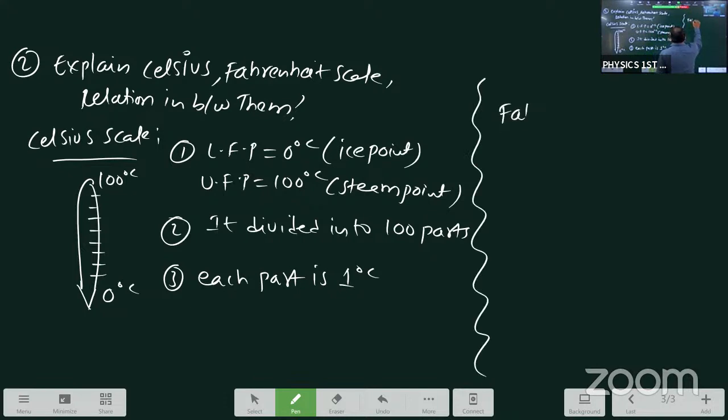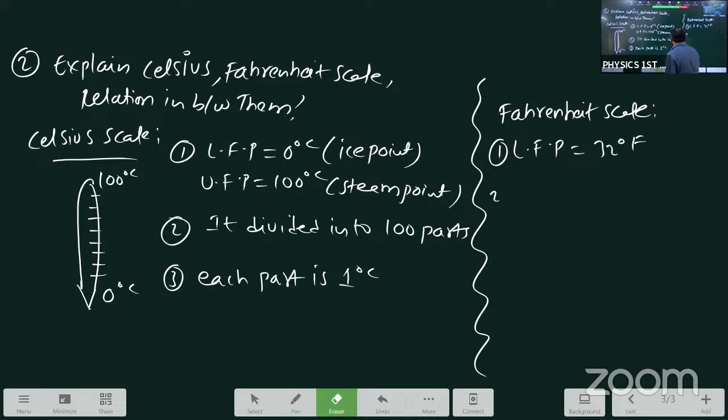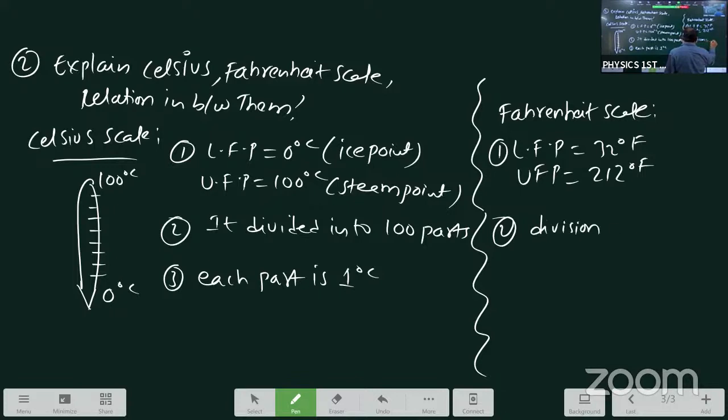Next, the Fahrenheit scale. Same here. The lower fixed point is 32 degree Fahrenheit, and the upper fixed point is 212 degree Fahrenheit. Understand the variation? Divisions: 180.